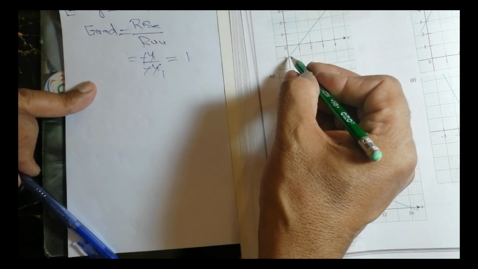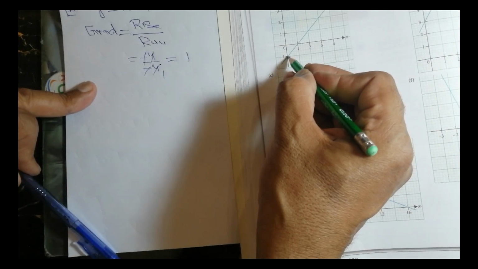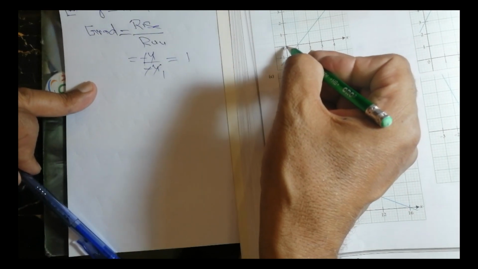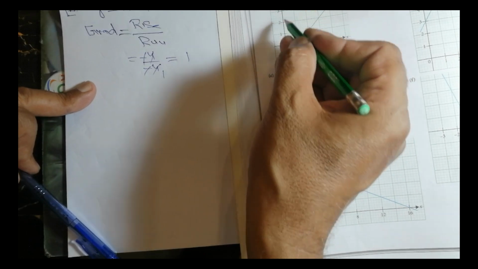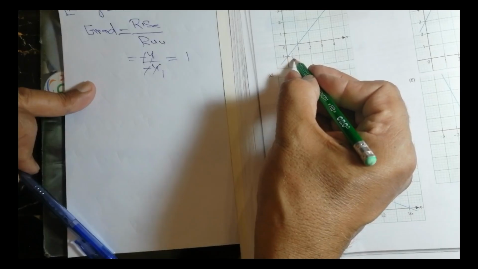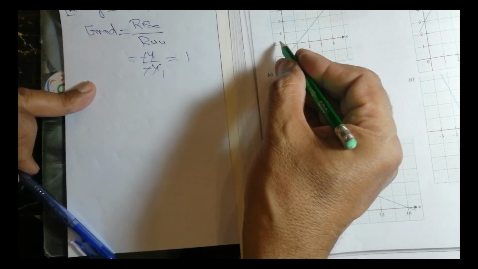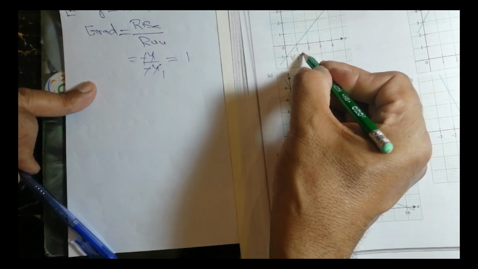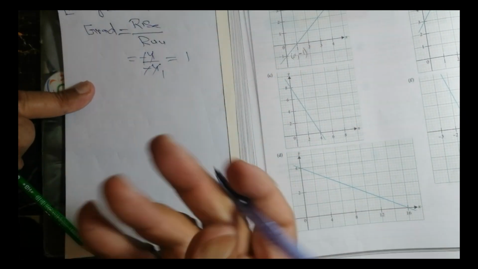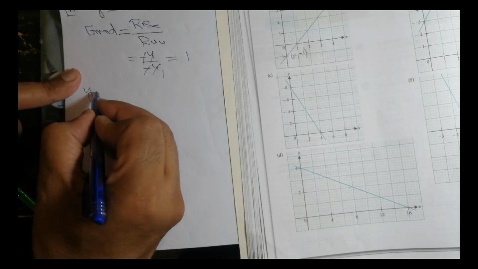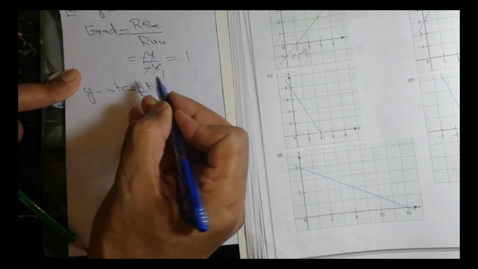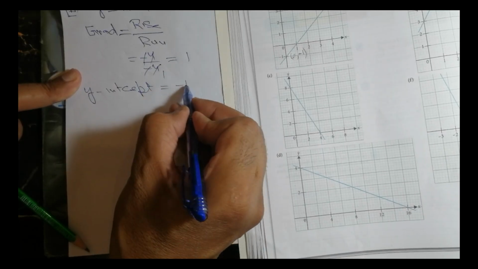So any point on the y-axis, whether it is this point, this, or any point, x will be 0. So x will be 0 for this point, and y is minus 1. So what will be here? y-intercept is equal to -1.